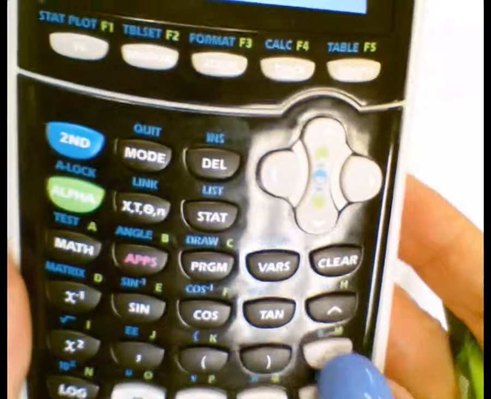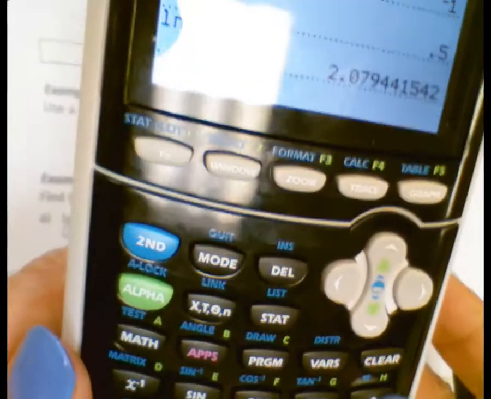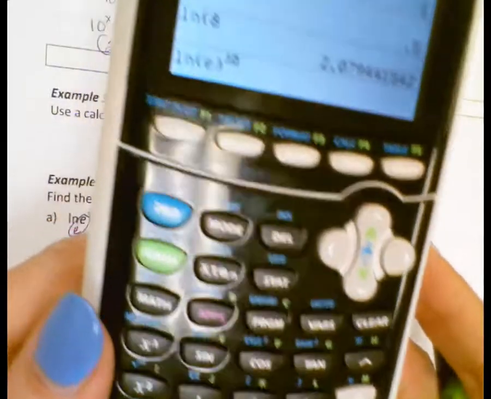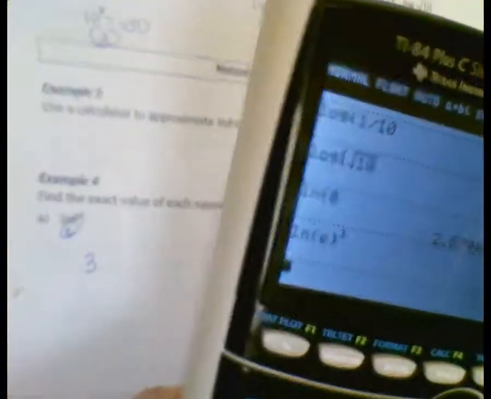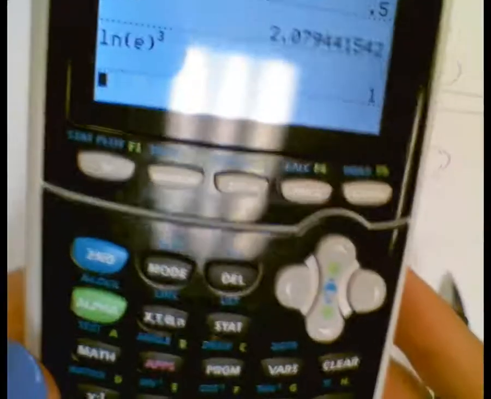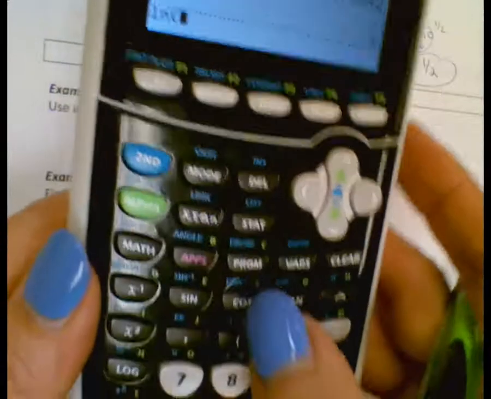But if you punch this in the calculator, you do natural log of e. Now e is second division sign. Close your parentheses, I think. Wait, do I close my parentheses? I think so. And then cube it. Answer. Shoot, I don't think you do that. Okay, I was wrong. I think it's got to be in parentheses. I'm wrong, don't listen to me. Natural logs, I never punch these in the calculator.